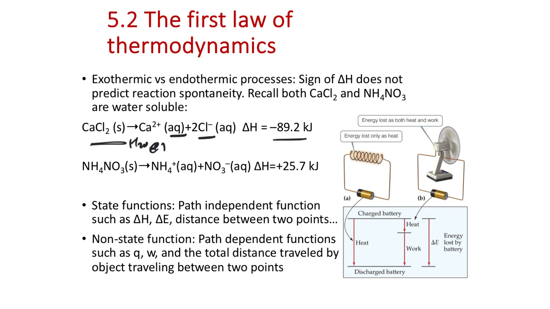Its delta H is negative, so it releases heat during the reaction. Then ammonium nitrate, another compound we know from chapter 4 and the solubility rules, should also dissolve in water because it's an ionic compound. All ammonium salts are water soluble, so we get ionization to plus and minus ions, and it turns out to have a positive delta H, so heat has to be absorbed for this reaction to take place.